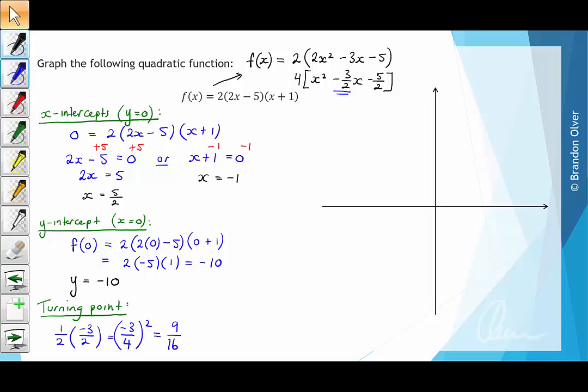So when we complete the square, we still have the 4 all the way outside the front of our equation. We have x squared minus 3 on 2 times x, then we're going to add on 9 on 16, subtract off 9 on 16, and then of course we've still got minus 5 on 2.